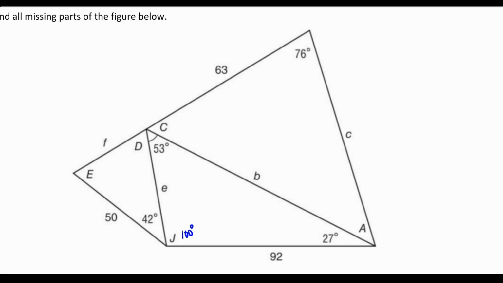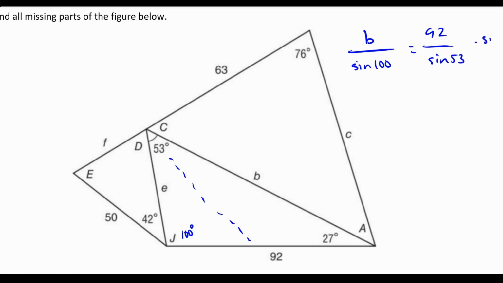So let's see what I can do now. I can use the law of sines to find side B over here. In order to use the law of sines, I would have B over the sine of 100, which I just found, and then I'm using this side angle pair right there, so 92 over the sine of 53.